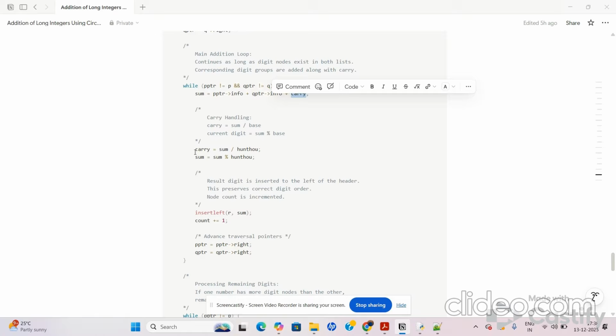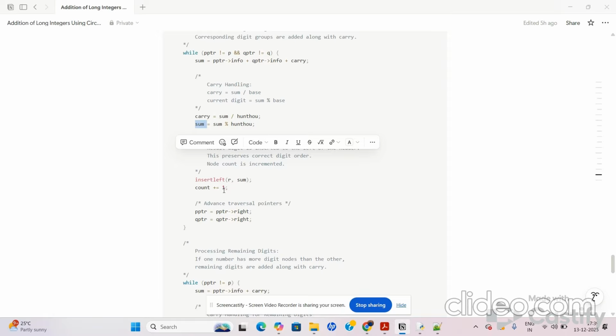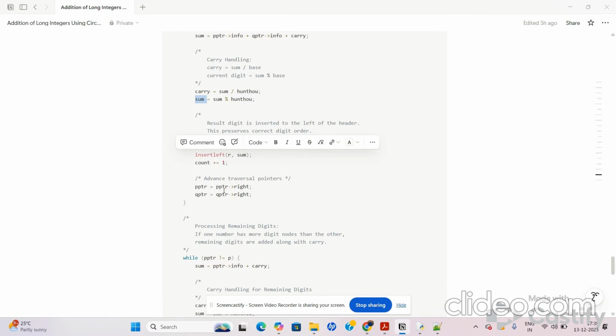Okay, and how do you calculate the new carry? You do the sum divided by 100,000, and the sum that is going to get stored is the sum mod 100,000, and whatever sum you have at this step, you are going to store it as a result digit node, and you are going to insert it at the left side, and you increment the count by 1, and you advance the pointers to the right side again.